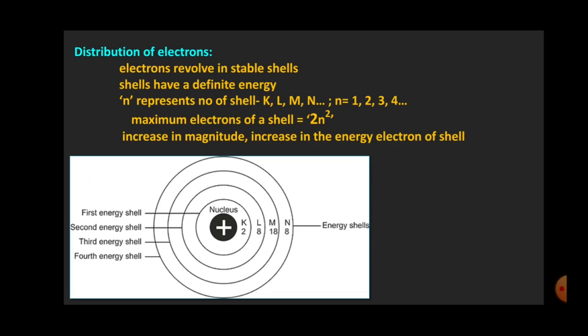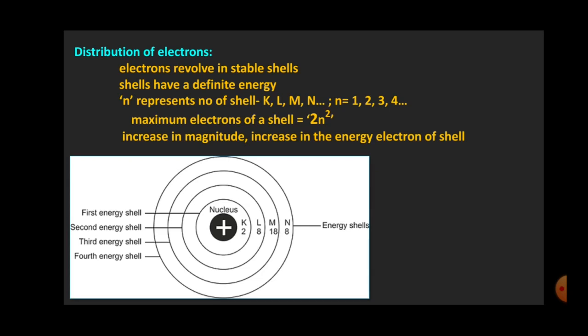Now, how many electrons can be accommodated in these orbits? This depends upon the number of the energy shell. The maximum number of electrons in an orbit is equal to 2n square. That is, 2n² is the formula by which we can find out the maximum number of electrons in that particular shell, and n is the number of the shell.